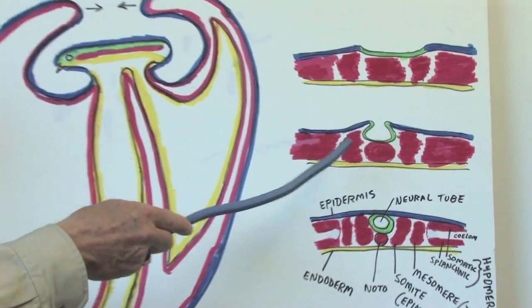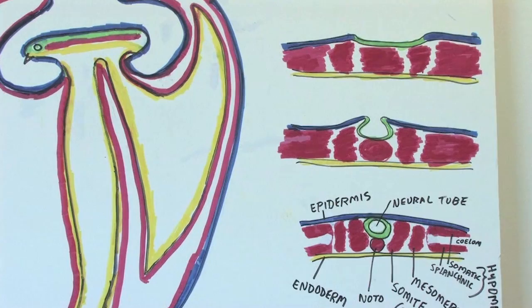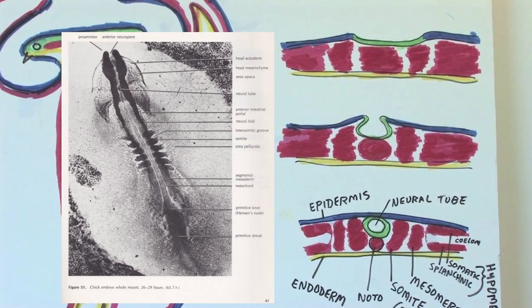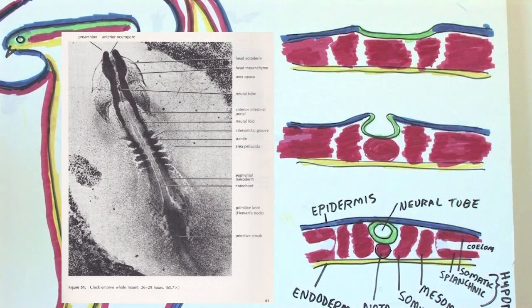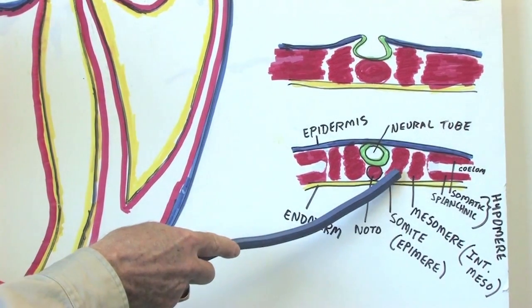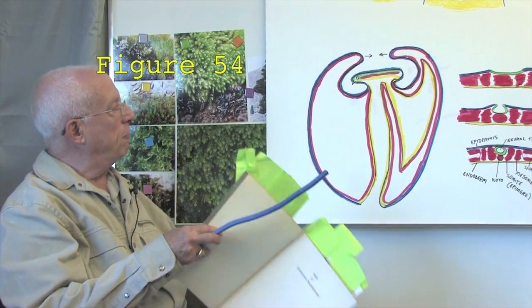When you look at figure number 51, it's much easier to understand what's going on. What figure number 51 shows nicely is the whole elongated chick embryo with the somites forming, rather than in this, which is just a section which just shows one somite.